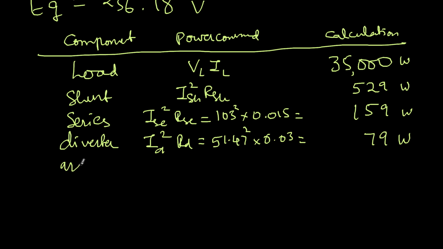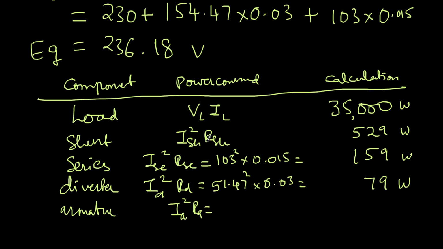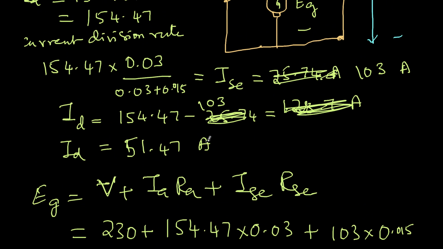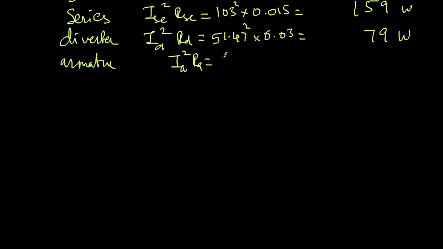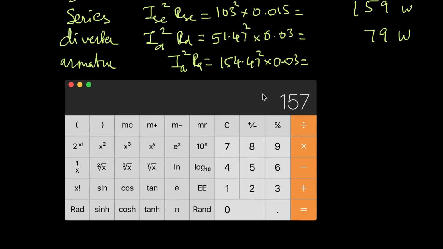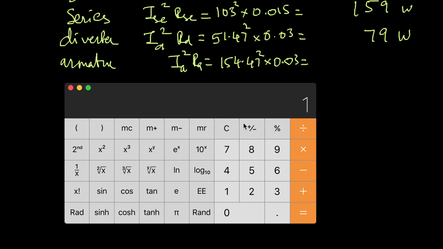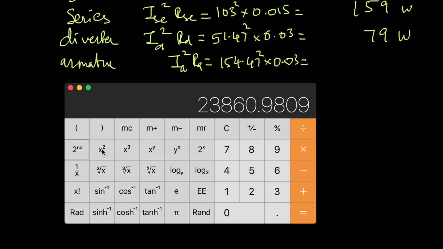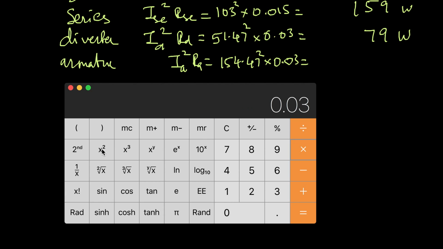And because of the armature resistance, this is IA square RA. What is the armature current? 154.47 square multiplied by RA, 0.03. So how much is that? Oh, it is 154.47 square multiplied by 0.03.